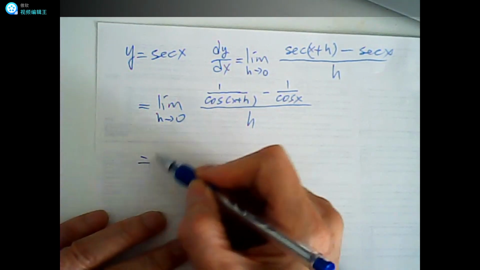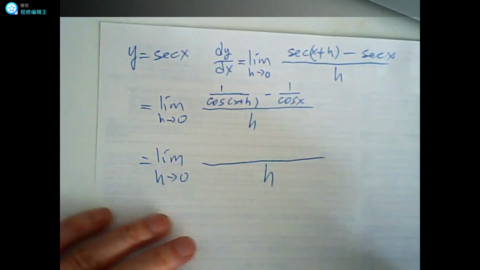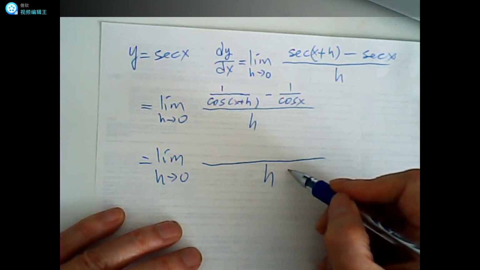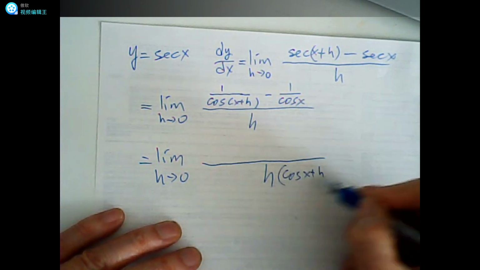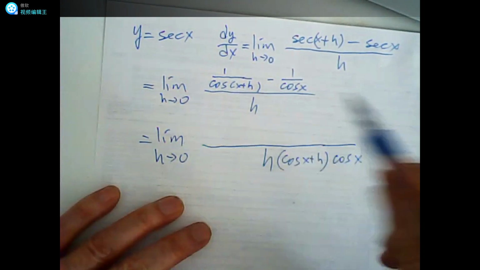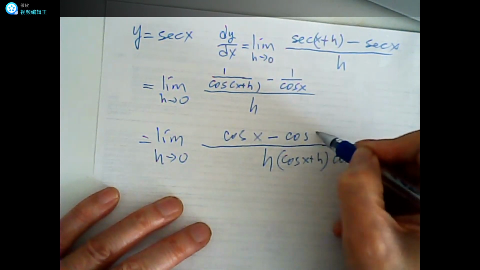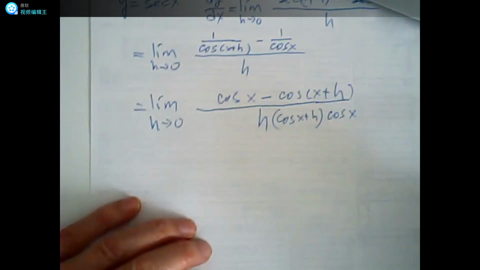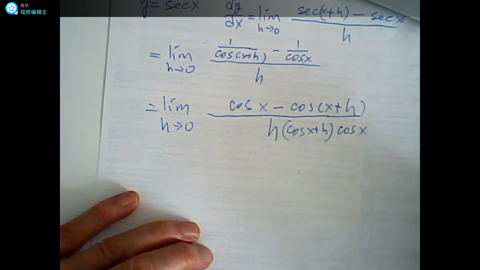And this one is equal to the limit as h goes to 0. So this is a common factor, right? The common denominator is cosine of x plus h times cosine x, and the numerator is cosine x minus cosine of x plus h. So far so good.